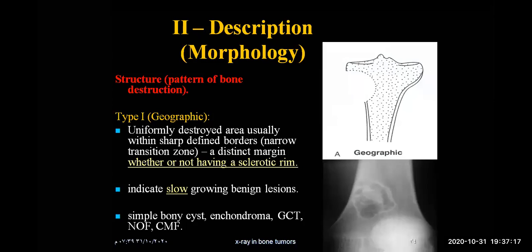The tumor tries to eat the bone minerals and the bone structure. But as it is a slow grower, the bone will react to this tumor and try to isolate it by forming this sclerotic ring around it.